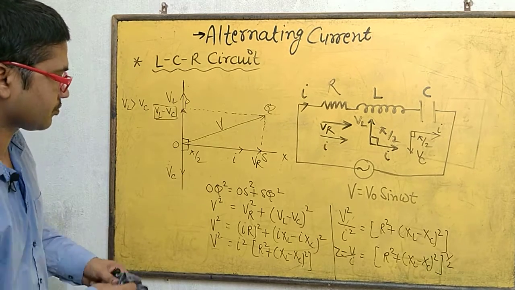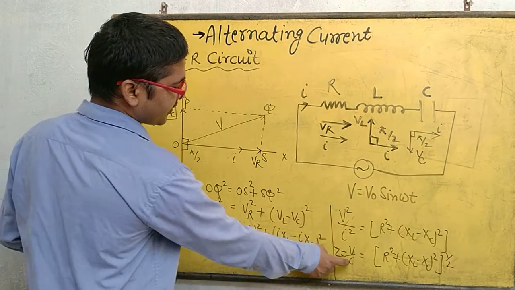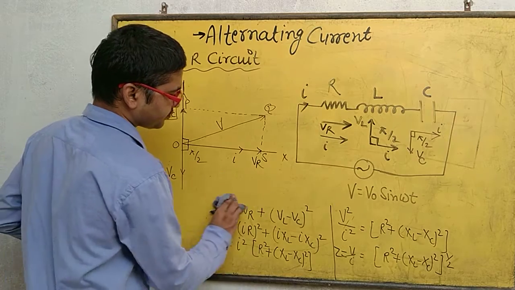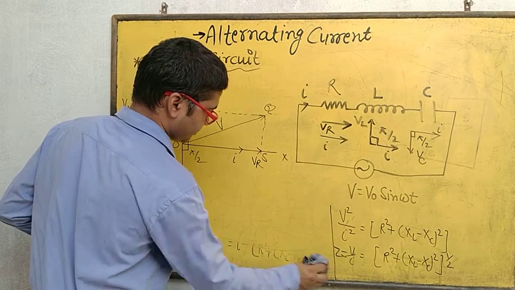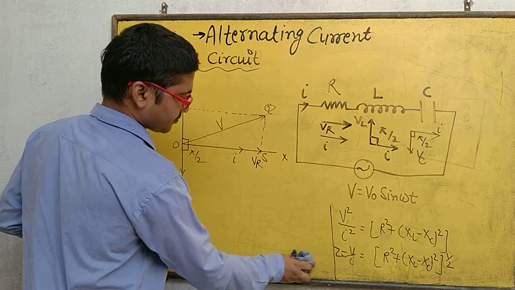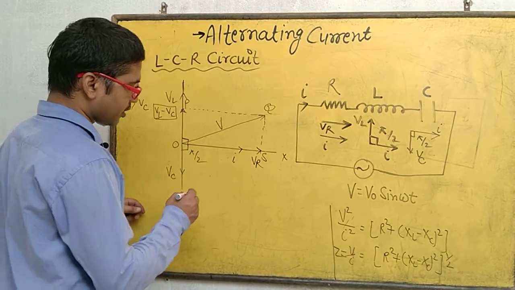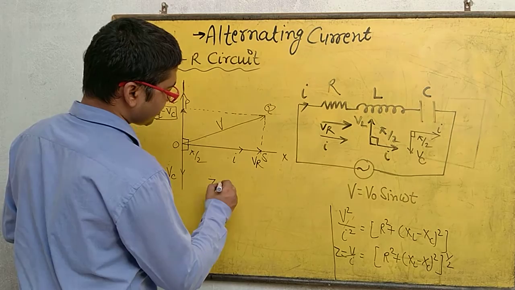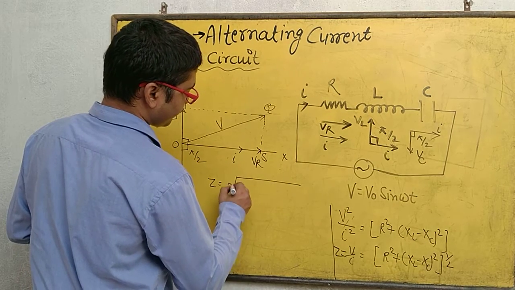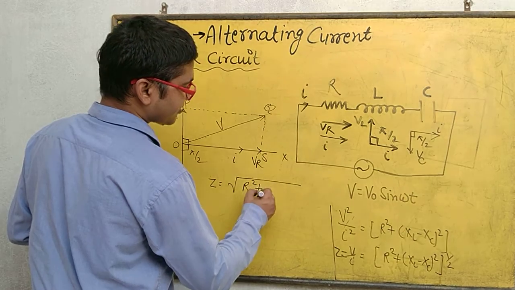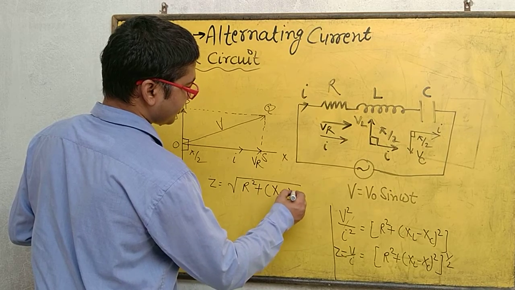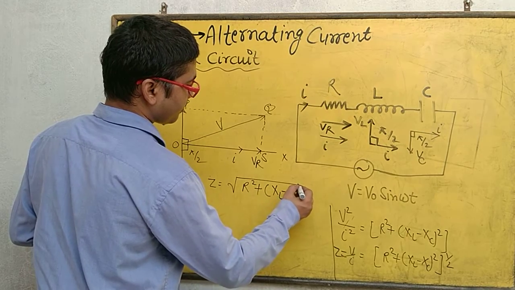Okay, you can see here the effective impedance Z is equal to under root R square plus XL minus XC whole square.